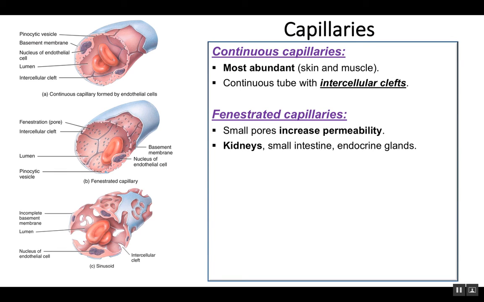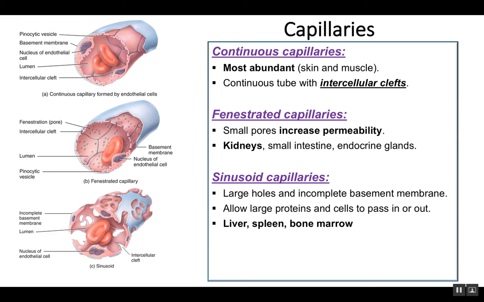So at a kidney, we can remove large amounts of waste if necessary. We can remove more water if we are retaining too much water. So in order to allow a little bit more exchange or filtration, those kidneys have fenestrated capillaries.